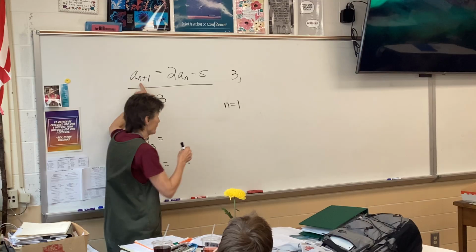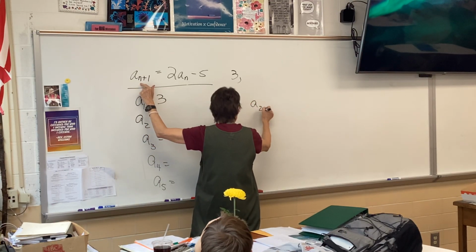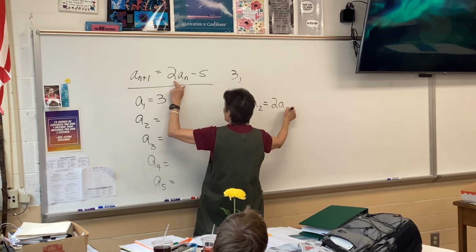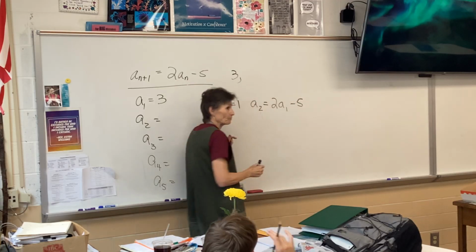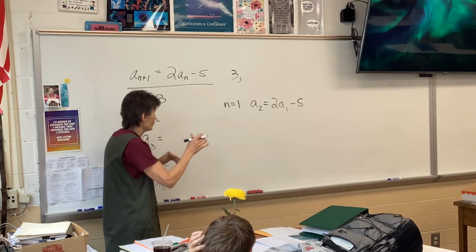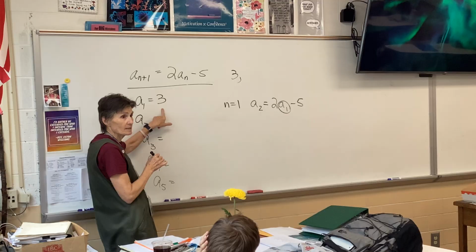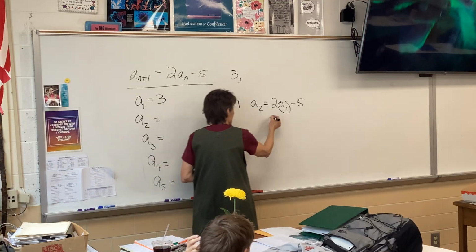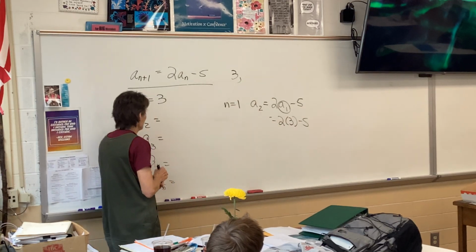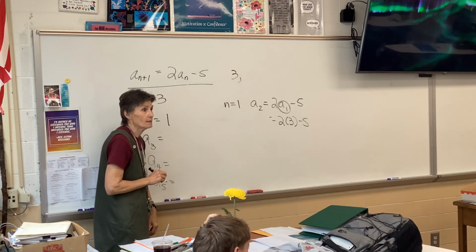A sub 2 equals 2a sub 1 minus 5. I'm just putting in 1s for the n's. Now, the good news is, I know a sub 1 is 3. So this is 2 times 3 minus 5, which is 1. So a sub 2 works out to be 1.